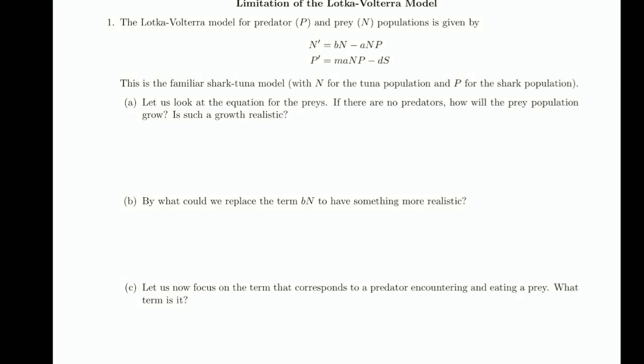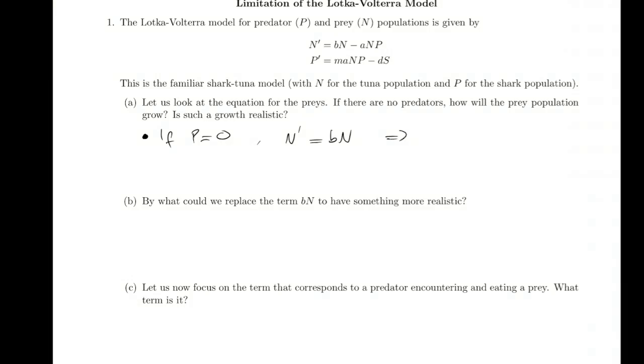If there are no predators, how will the prey population grow? Is this realistic? So we can say if the predators are 0, which means there's no predators, then the change equation for n simplifies to n prime is equal to bn.